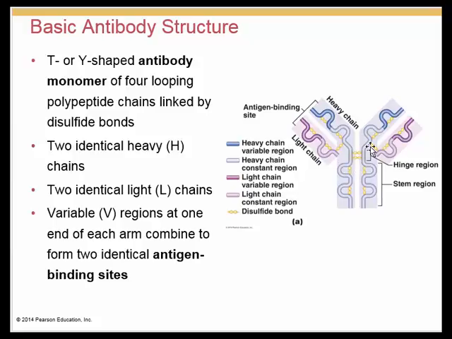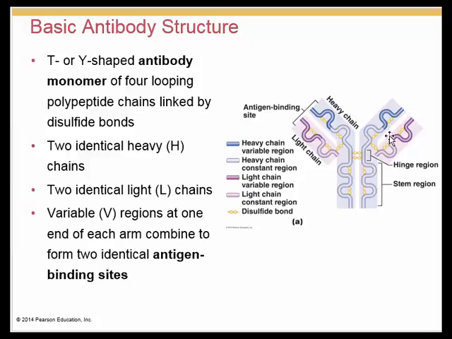You have 2 heavy chains, and they are identical when they are produced. There are your 2 heavies, longer, bigger, heavier, and 2 identical light chains, these lavenders here on the side that will attach and make that Y formation.